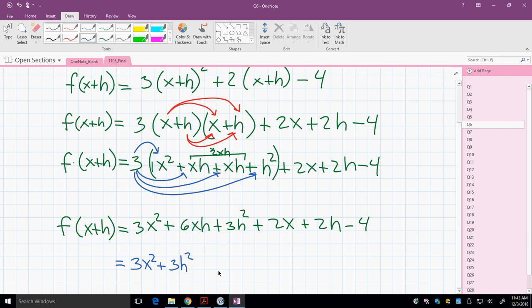The 6xh is only 1 with that combination, so I'm going to rewrite it. And then I only have 1 with a single x and only 1 with h all by itself, and the constant. So that is going to be my answer. I don't have anything else that I can combine.